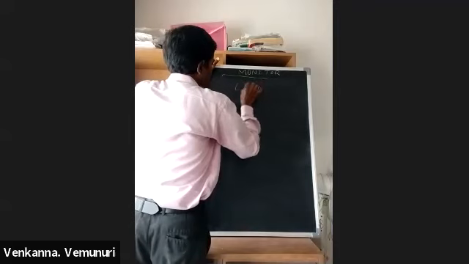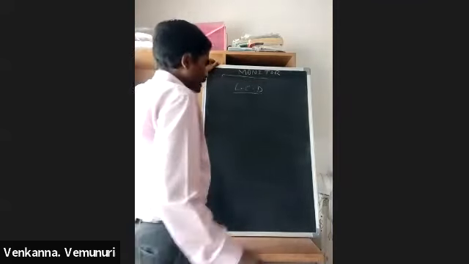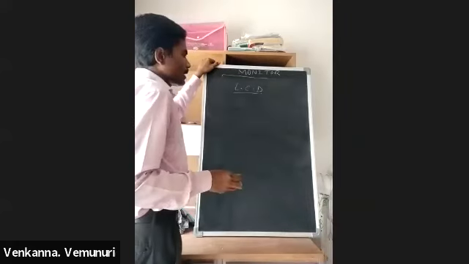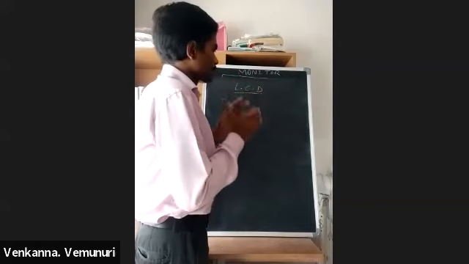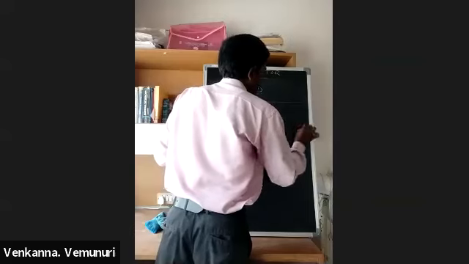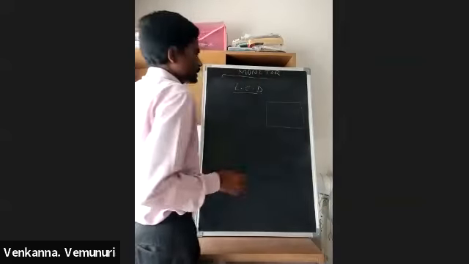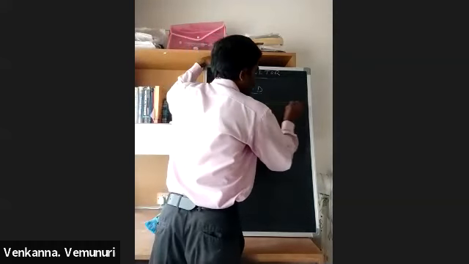Liquid crystal display. In this liquid crystal display, we are using two glasses. For example, this is the front glass. When manufacturing this front glass, they etch electrodes horizontally.